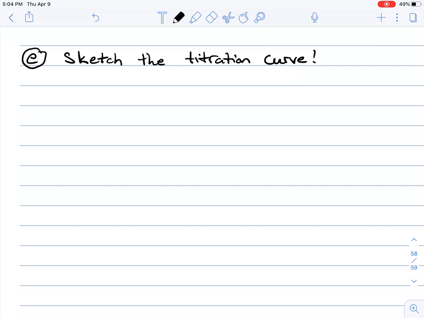All right, and so to sketch our titration curve, we're going to have to summarize all of the key points, all of the answers from parts A through D.